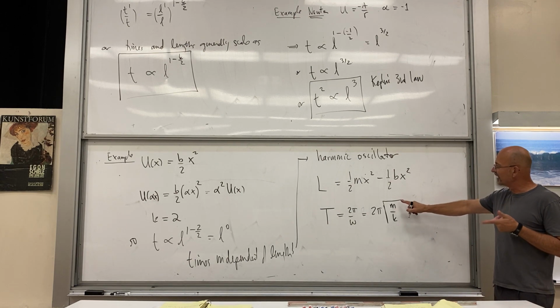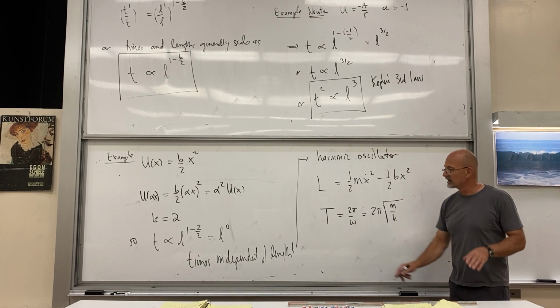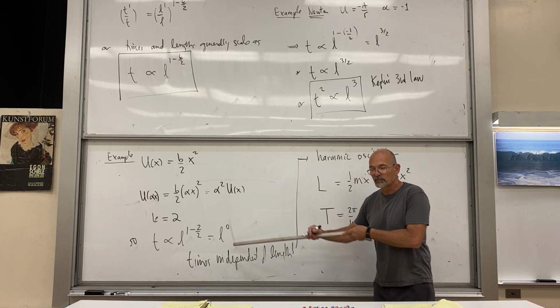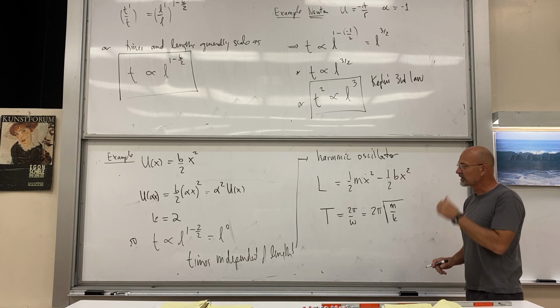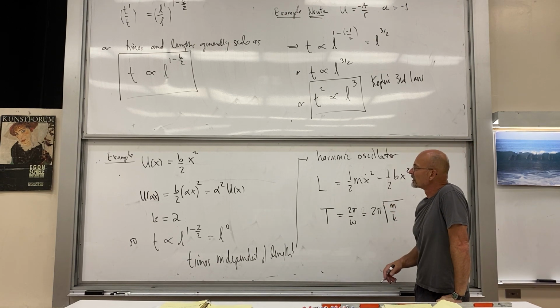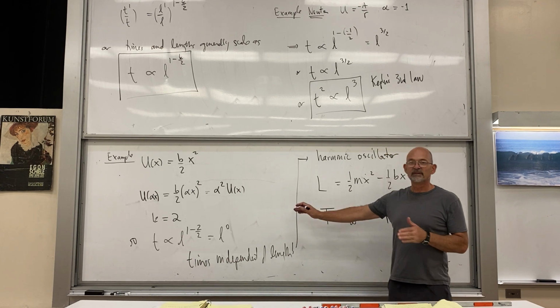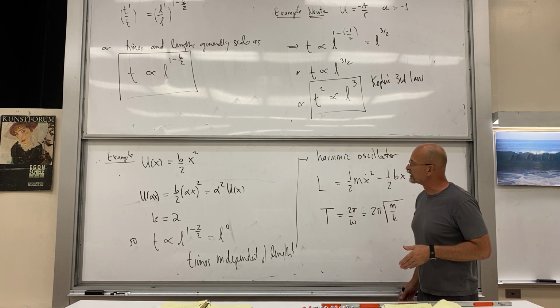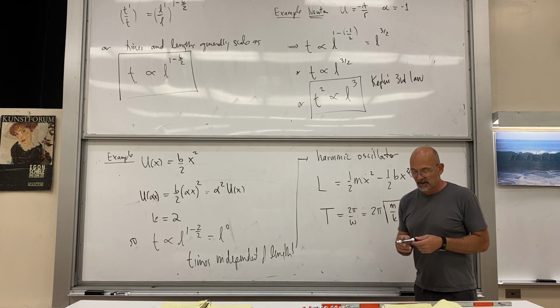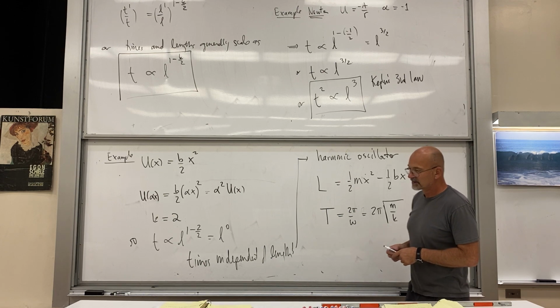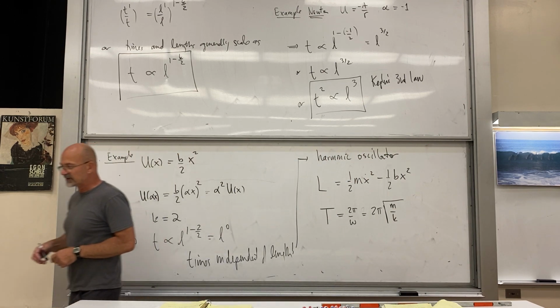So T is independent of the amplitude, and we have that right here with the scaling L to the 0th power. So yeah, these are actually really impressive results. They're very simple, but it's hard enough to solve equations of motion, so any piece of information you can get from your system by this type of analysis is well worth it.